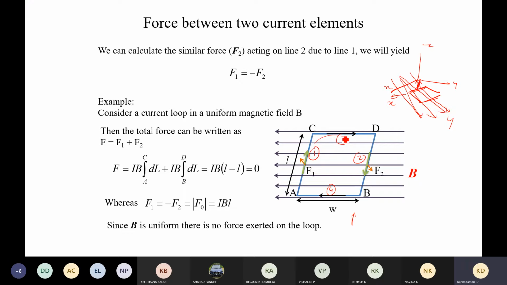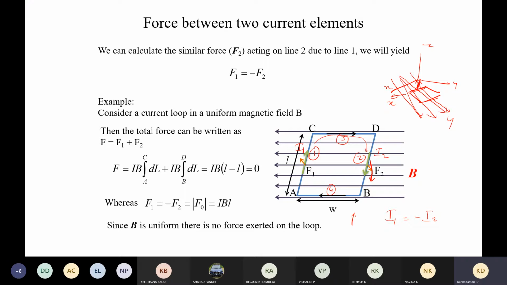Whenever the current in the loop is traveling in the opposite direction, it will give the opposite force. So I1 and I2 are just opposite, I1 equal to minus I2, or I2 equal to minus I1. The just opposite current flow, with the magnetic field in the same direction, will push the line element in the downward direction.